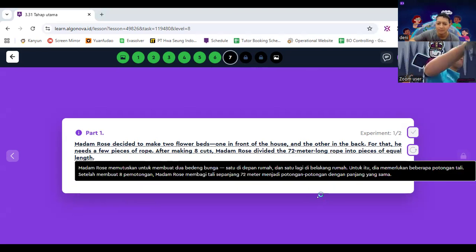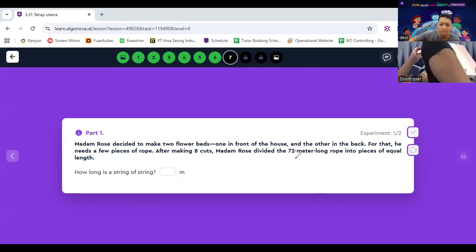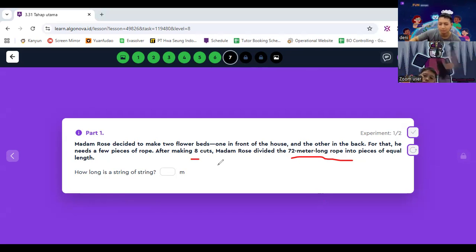If Madame Rose has a 72-meter long rope and she makes eight cuts, how many parts does she get? What's the answer, Akhtar?